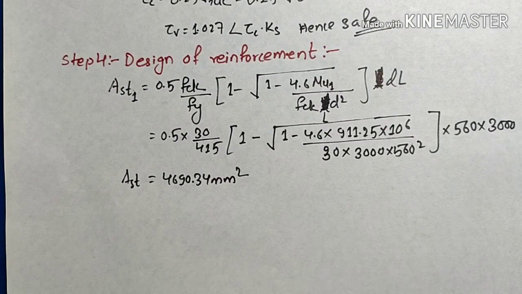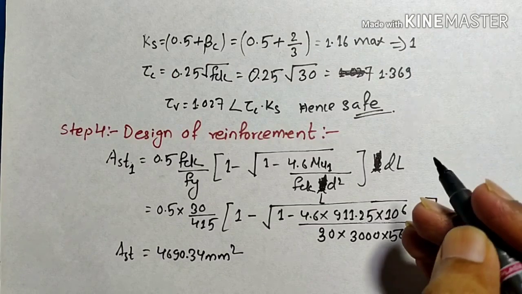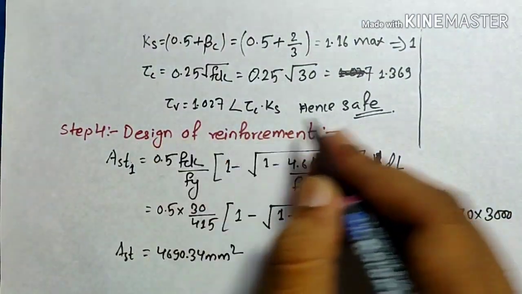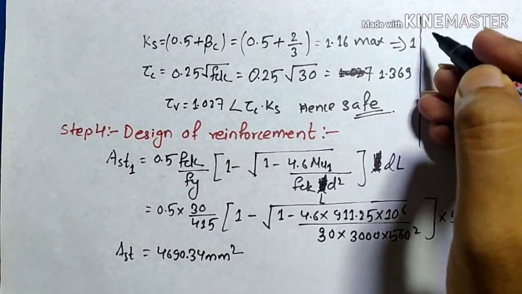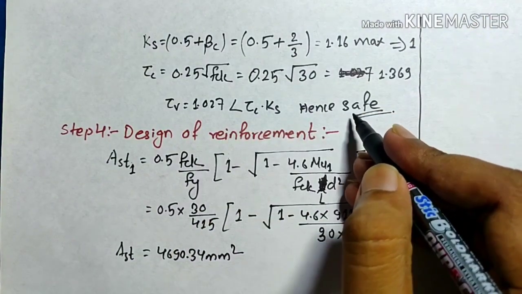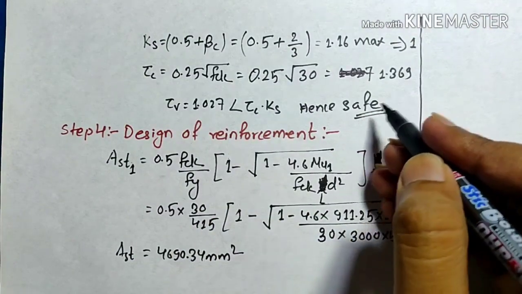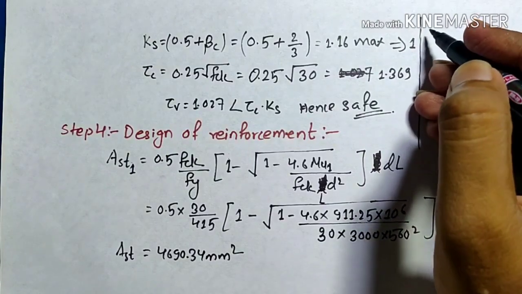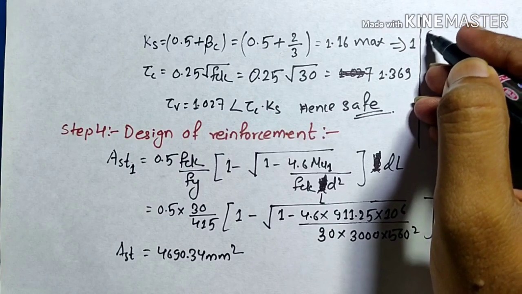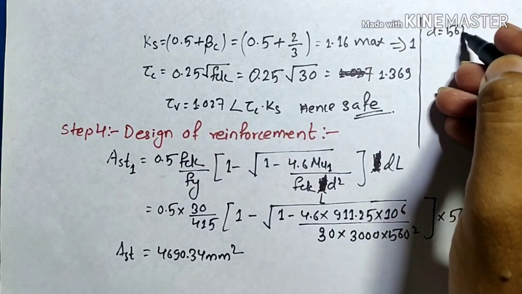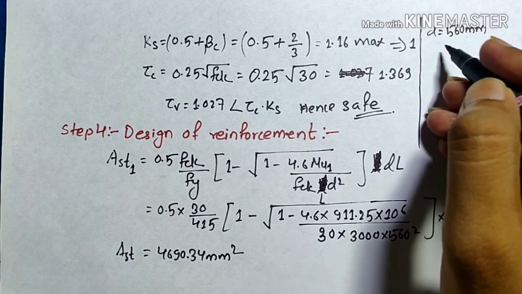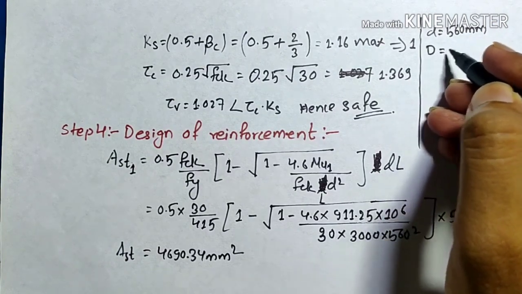I am sorry for this, I have missed something here. Before this step 4, we need to settle our depth, as our footing was safe, so we need to fix the overall depth as well as the effective depth. Since our D was 560 millimeter from the one-way shear, let's take the overall depth equal to 620 millimeter.